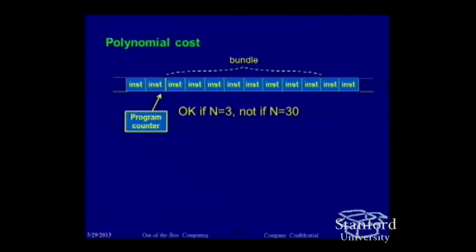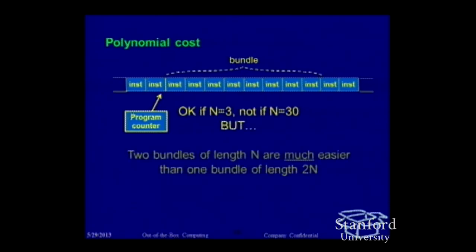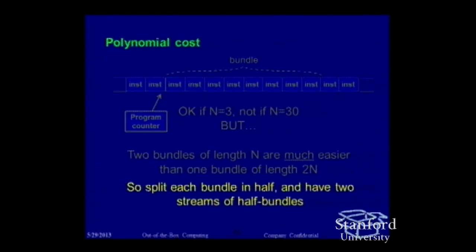So we need a way around that. Here was the first insight. Because it's polynomial, you can parse 2 bundles of length n much faster, much easier, with much less power and trouble than 1 bundle of length 2n. So, split each bundle in half and have 2 streams of half bundles.